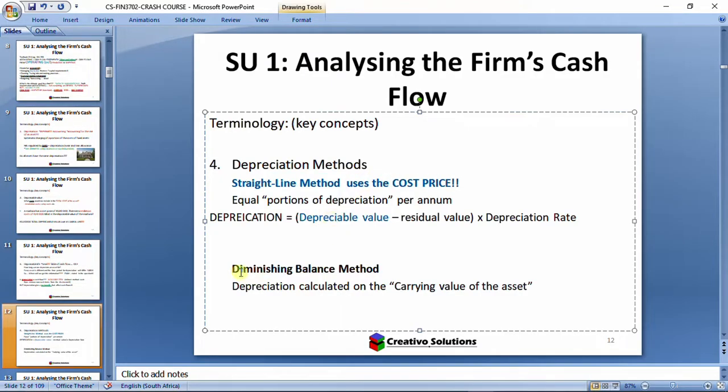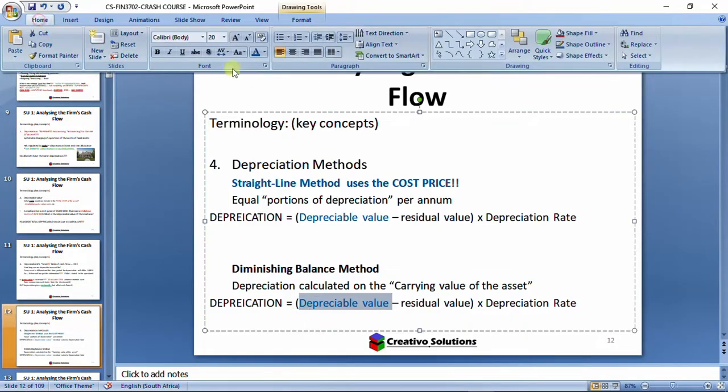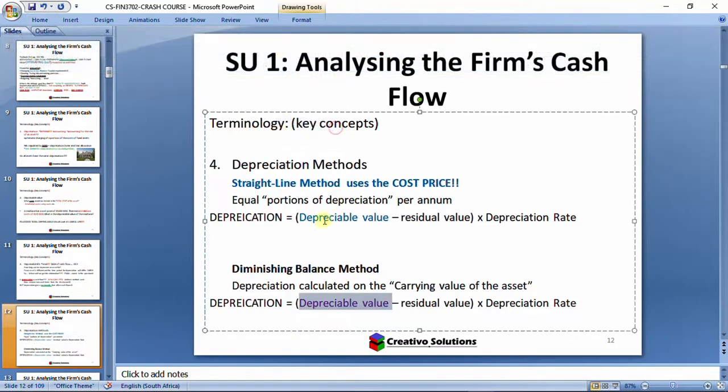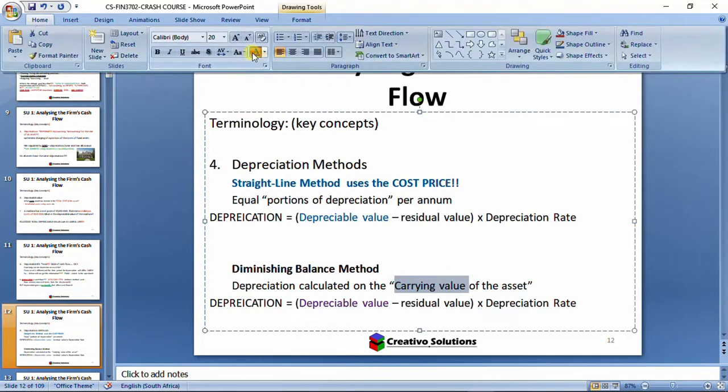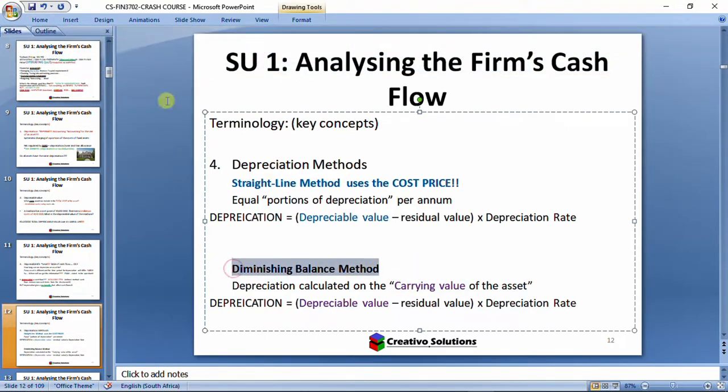Okay, if I have diminishing balance, we have the same formula, copy paste. But the only difference is when I'm looking at the depreciable value, I'm now going to be looking at carrying value for this method, diminishing balance.